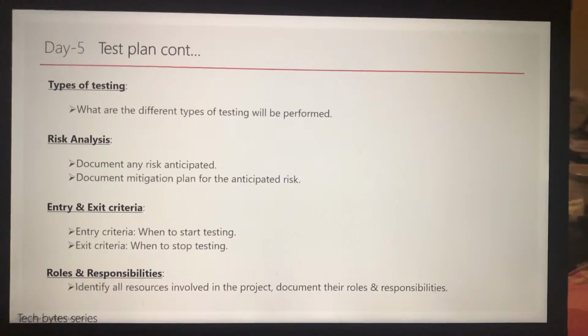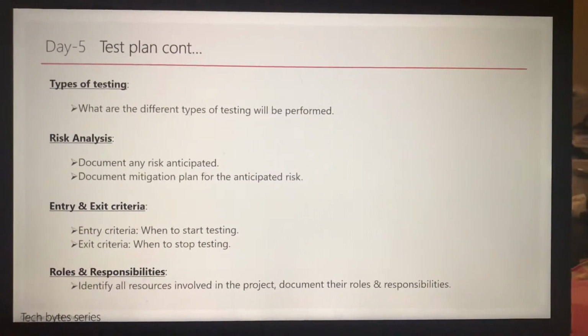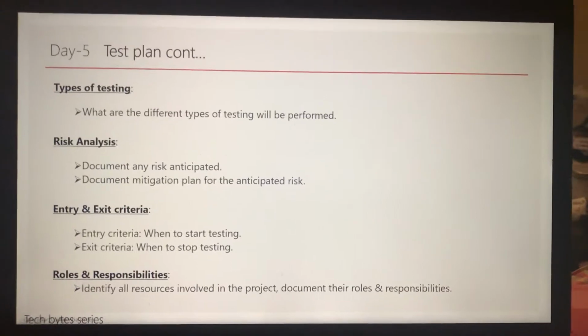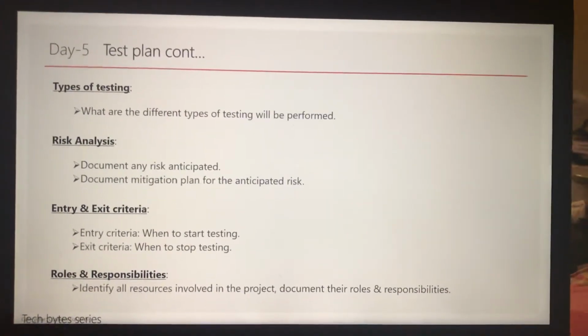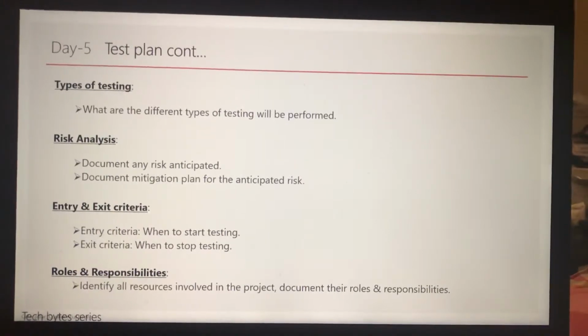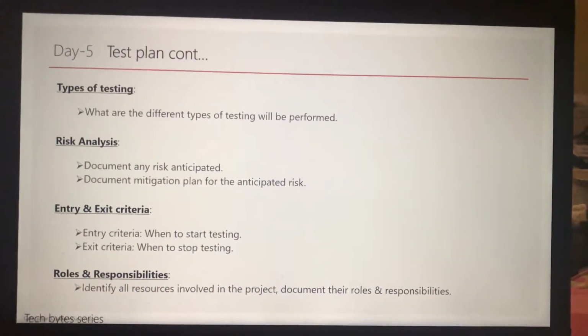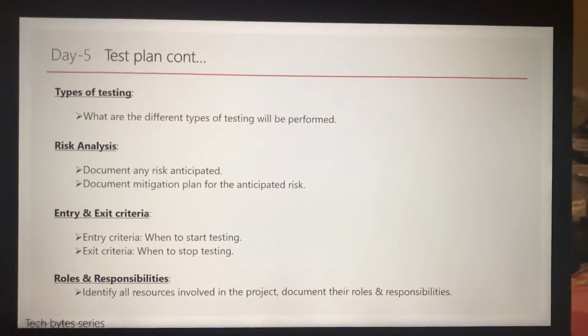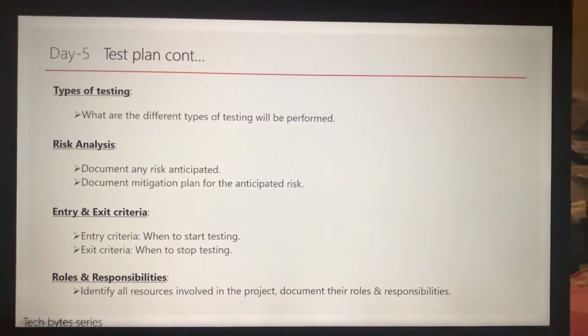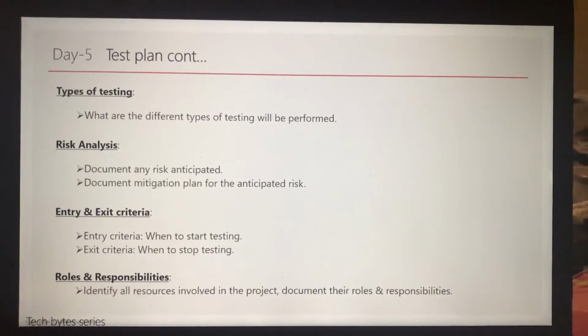When it comes to the exit criteria, we need to identify, okay, if the application has a certain number of bugs and we think we cannot proceed further with testing, we need to document that this is the time where we have to stop testing. Also, by the end of the testing, if all the defects are closed, we are fine.